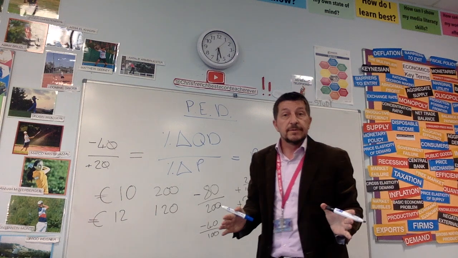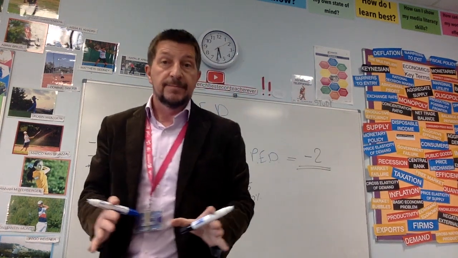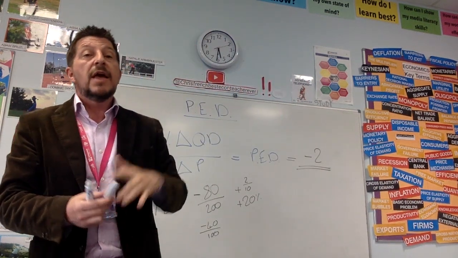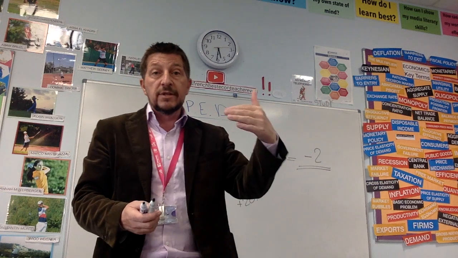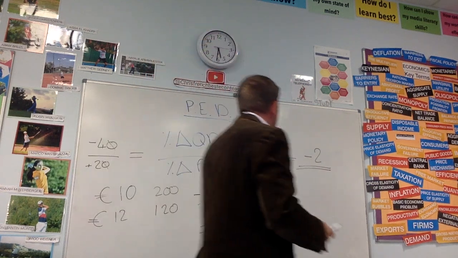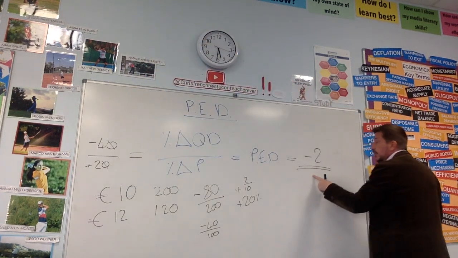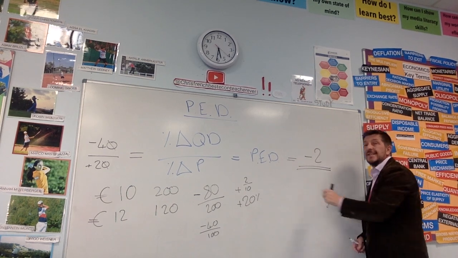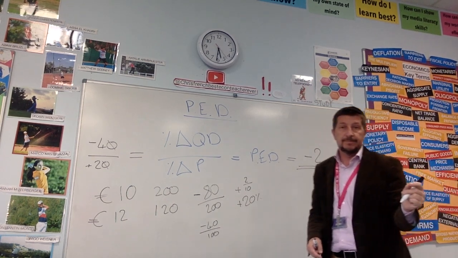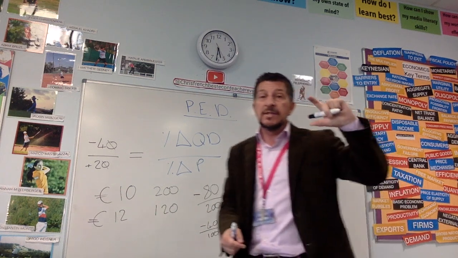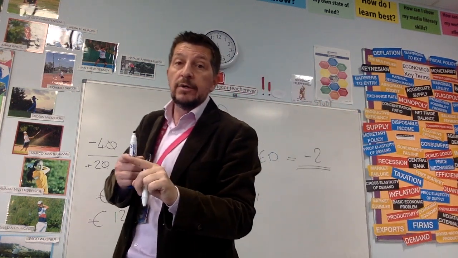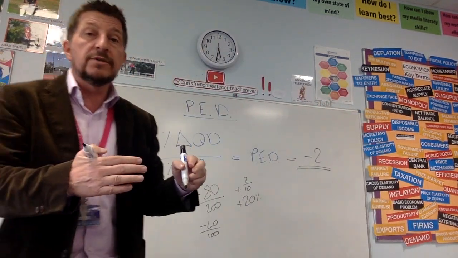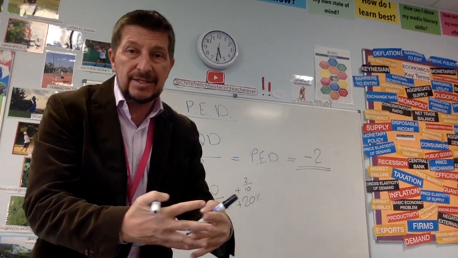What does that tell us? It tells us two things. It tells us that anything greater than minus 1, so minus 1.5, minus 2, minus 3, minus 4, is showing us price elastic demand. Anything between 0 and minus 1 is showing us price inelastic demand.